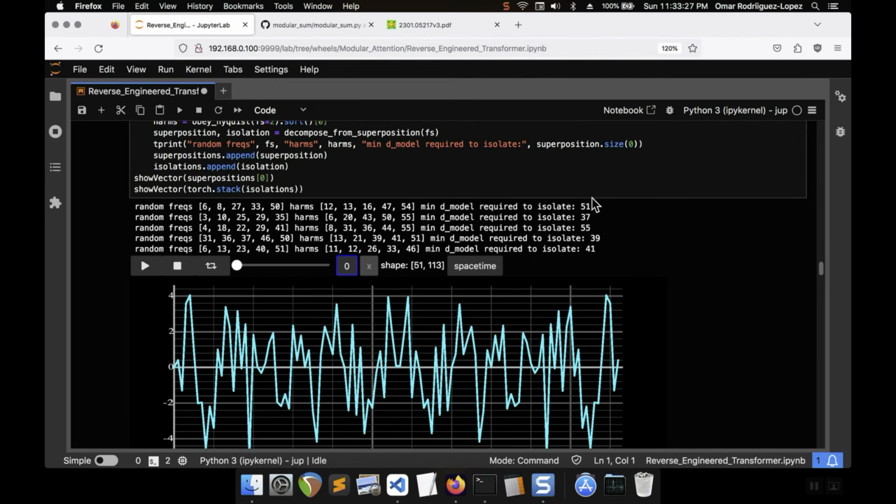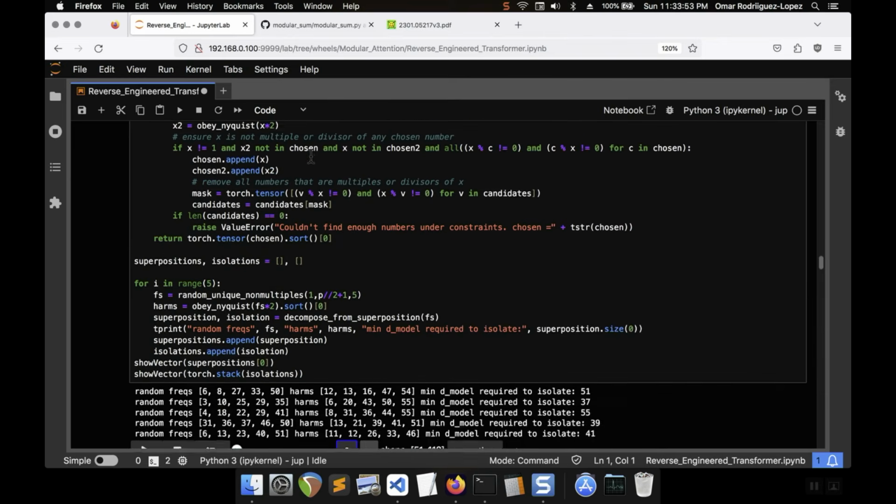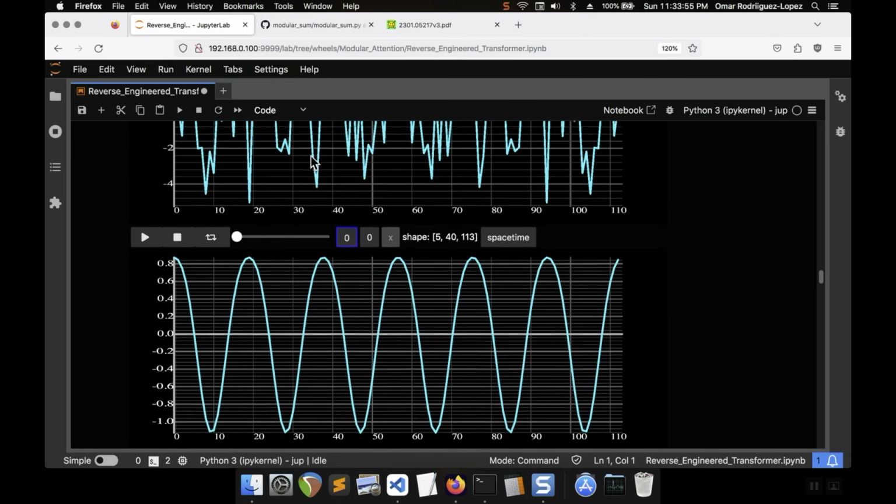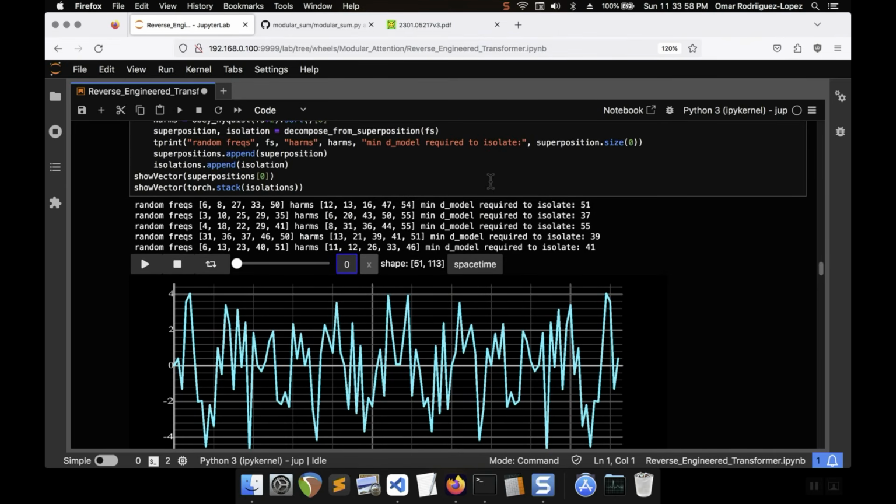Typically, the number of dimensions needed to isolate all 10 of these is around 30 to 50. So a d-model dimension of 128 will do. I thought it would be actually kind of less than this going into this, but I also gave it the restriction that it could only be uniformly spaced phases. I think if you were to relax this, you might be able to get away with isolating those with less, but I'm not positive about that.